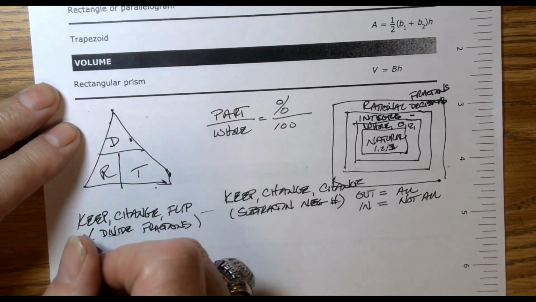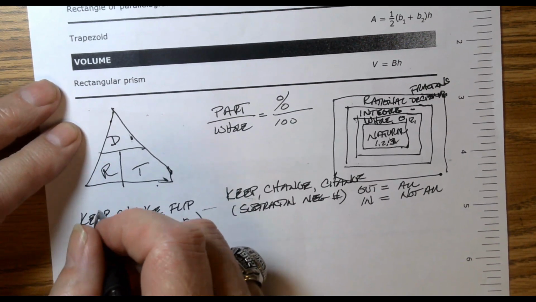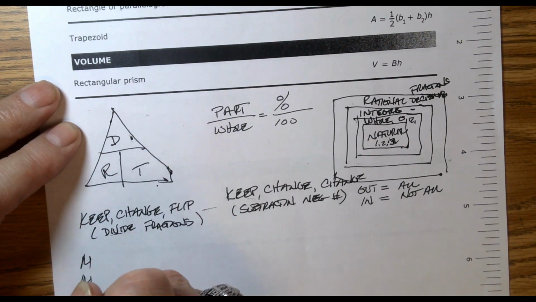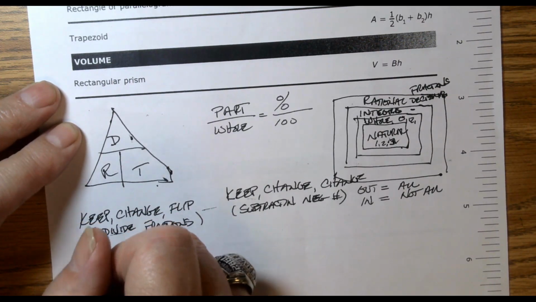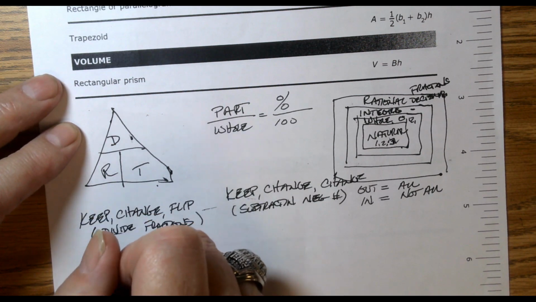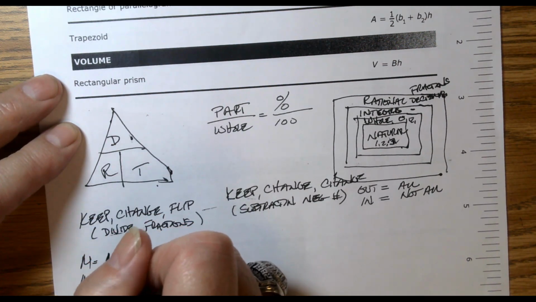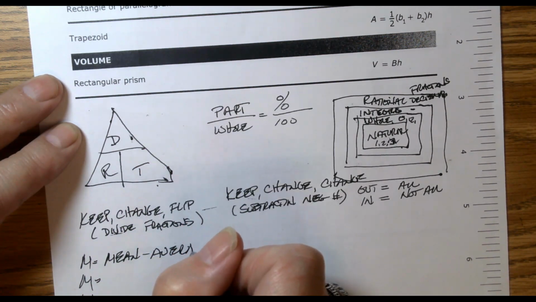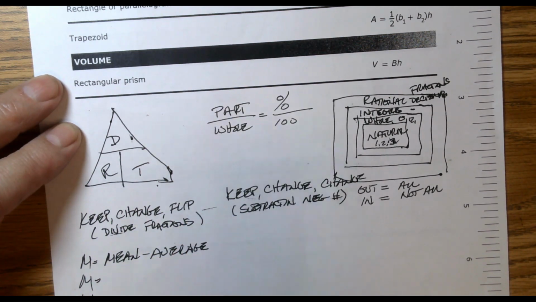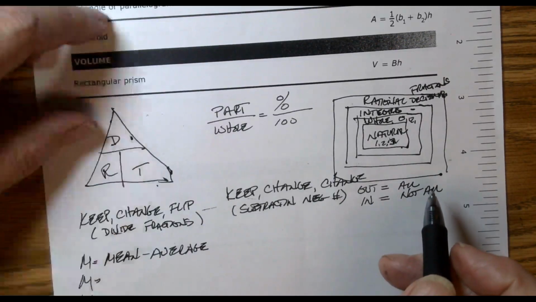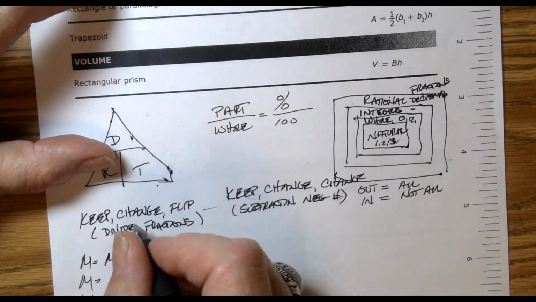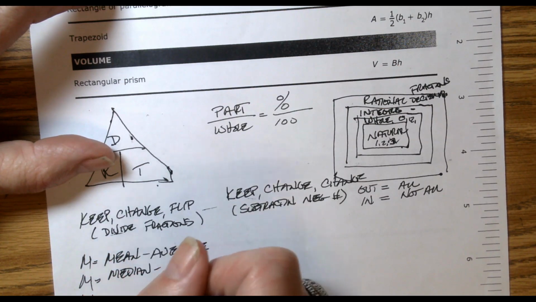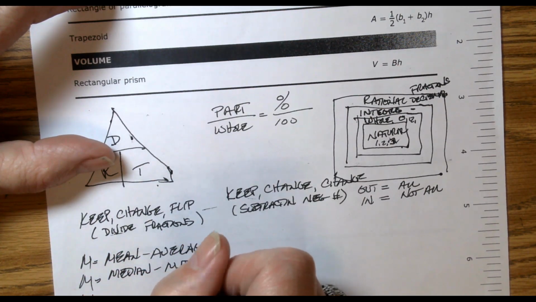Okay, another thing you need to remember is MMMR. Okay, and that's equal to mean. This is what you use when you're talking about statistics. A mean is average. And you do the average by adding up all the numbers and dividing by the number of numbers that you have. The next M stands for median, which means the middle, right?